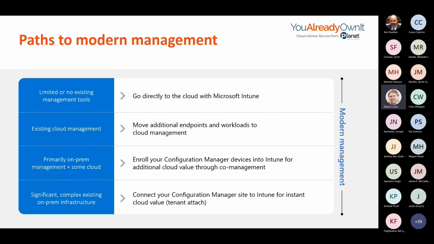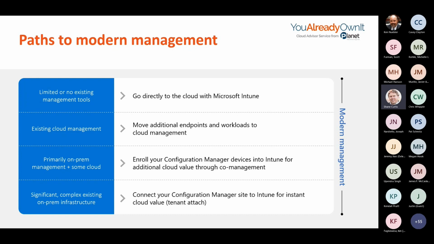And then down below, just a real brief touch on that. If you're in a state where you've got a lot of complex existing on-prem infrastructure, then they also recommend doing the tenant attach, right, to connect it up to Intune. And then you can get that single pane of glass.